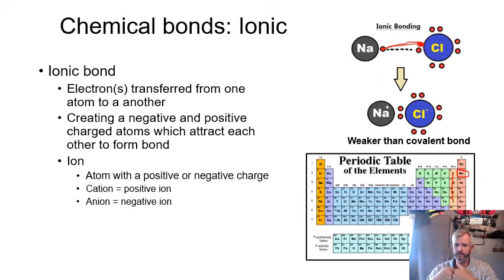Okay, they're not sharing an electron, but they have this strong attraction because one is positive and one is negative. Right? Positive and negative attract. You guys have done magnets before. Positive side to the negative side of the magnet, and you get an attraction. Okay? It's a fairly strong bond, but it's not strong like covalent bonds.